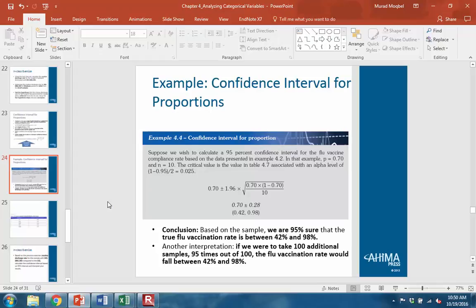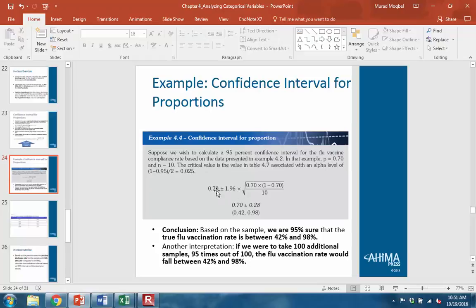However, they hired you as an analyst, and you collected data from 10 employees and found out that only 70% of your sample reported having had the flu vaccination. Now we want to calculate the confidence interval for that case.